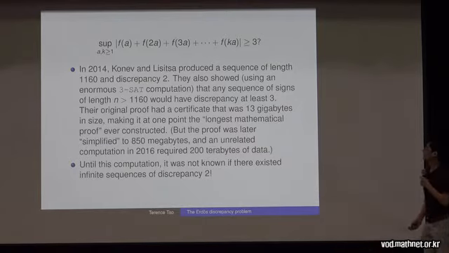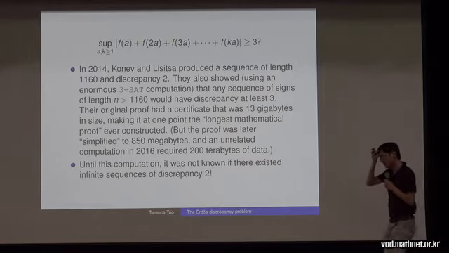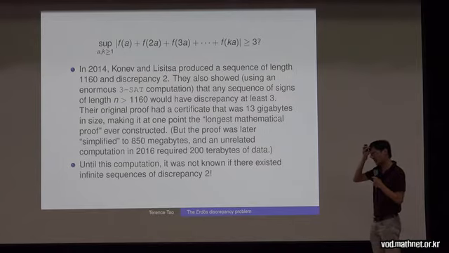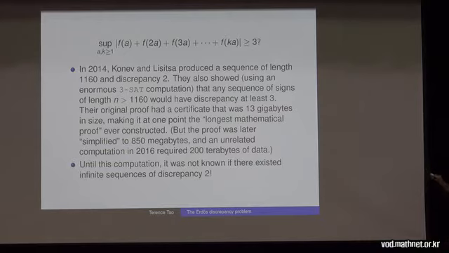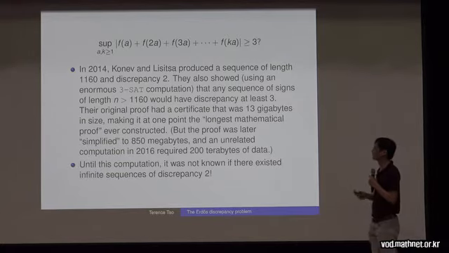Okay. So actually, for a short time, this proof had the world record of being the world's largest proof, because the certificate showing that the SAT calculation was correct was 13 gigabytes long, which at the time was the largest proof ever made.